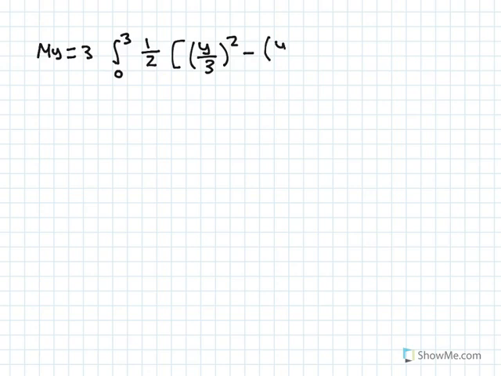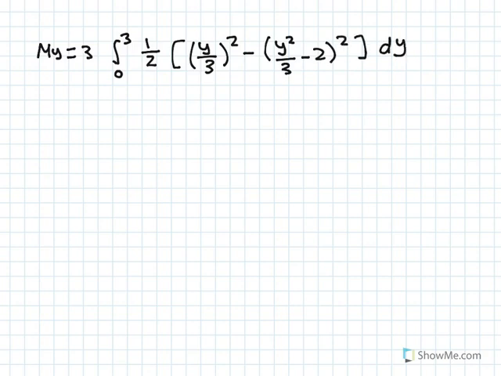Okay, so the moment with respect to the y-axis is equal to density, which is 3, integrate from 0 to 3, these are of course y limits, 1 half times the right function squared, so that's y over 3, all squared, minus the left function all squared, y squared divided by 3 minus 2 all squared, close off the bracket, and integrate with respect to y.